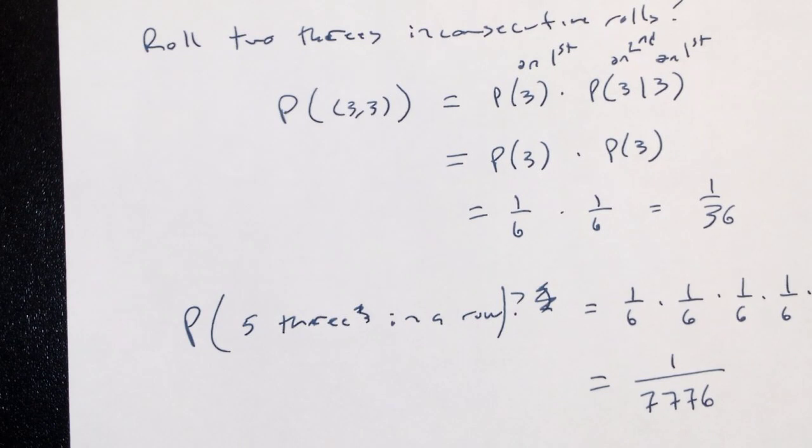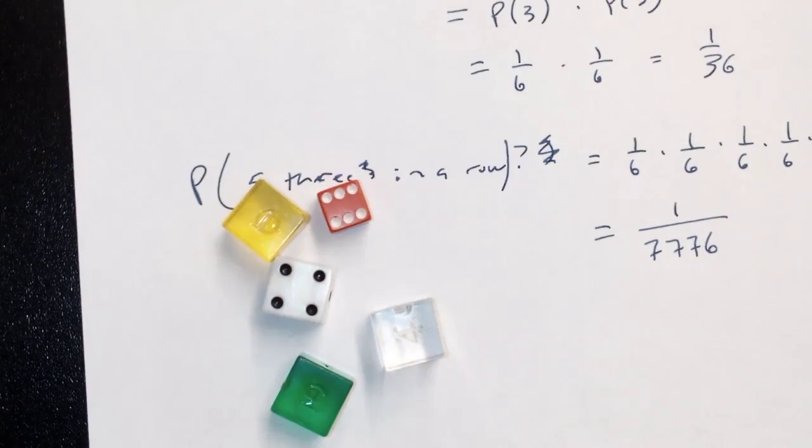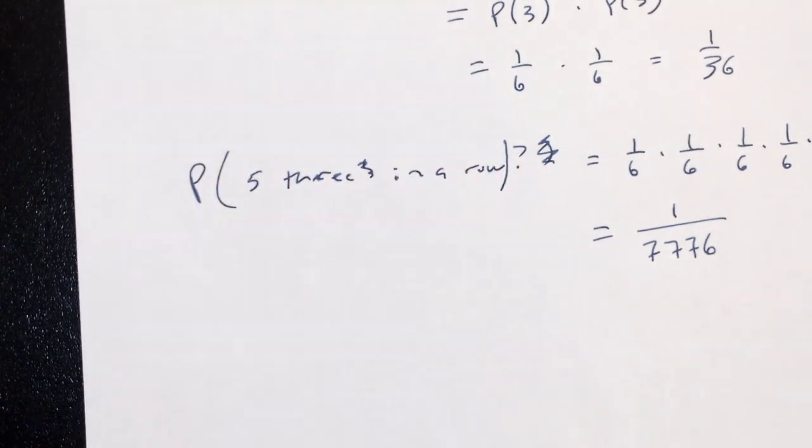Please note, that's the same as if I asked the question, what's the chance of rolling a 3 on each of 5 separate dice? So instead of doing this as 1 die 5 times, I could do it as 5 dice. There's a game with 5 dice that does it, Yahtzee, right? You play exactly this game when you play Yahtzee. As a matter of fact, no matter how many independent events I have, independent events just multiply.